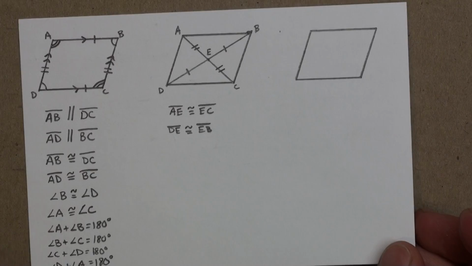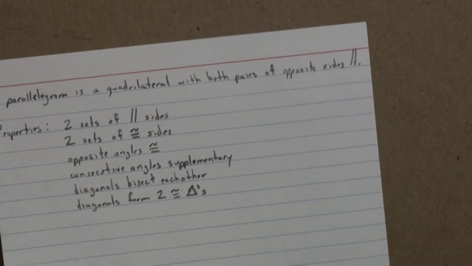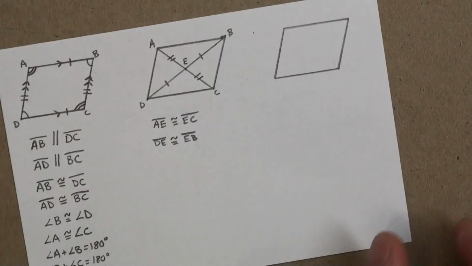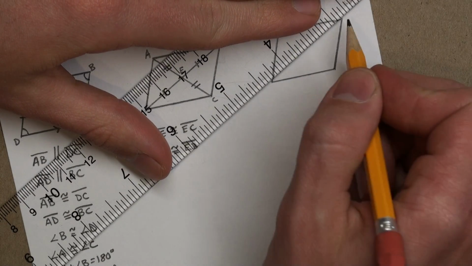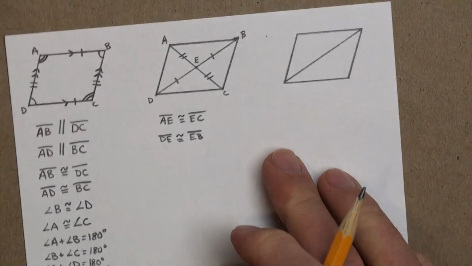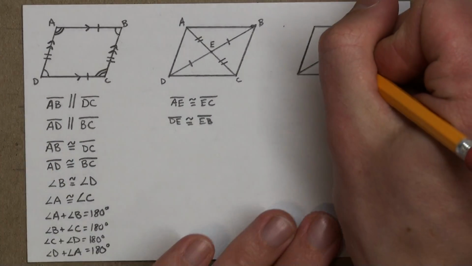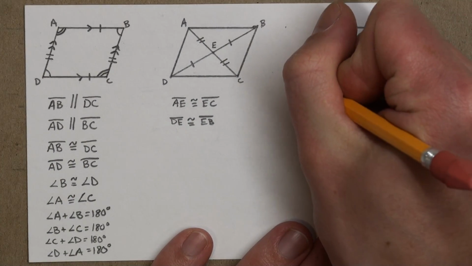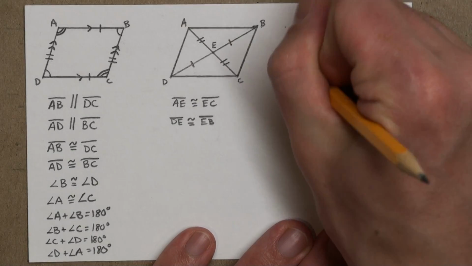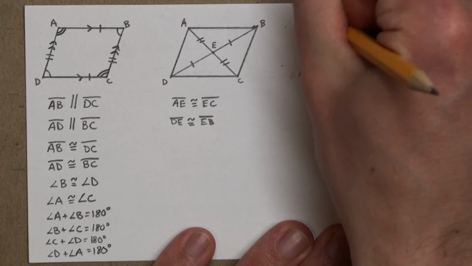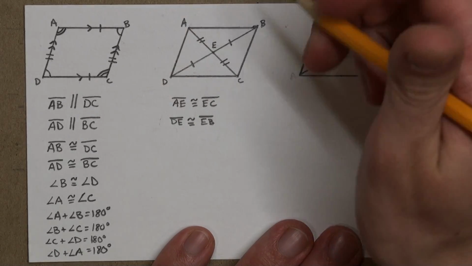And then the last one says that the diagonals form 2 congruent triangles. So let's label this A, B, C, D, the same way we've been labeling the other ones, so it's a little bit less confusing.